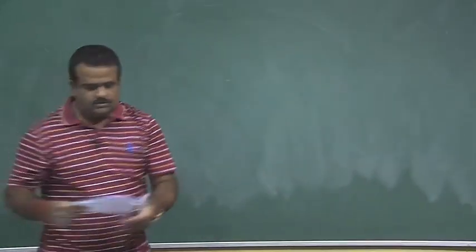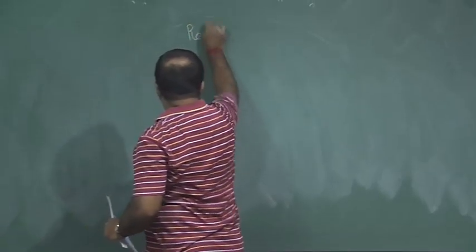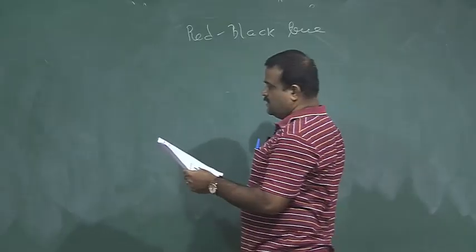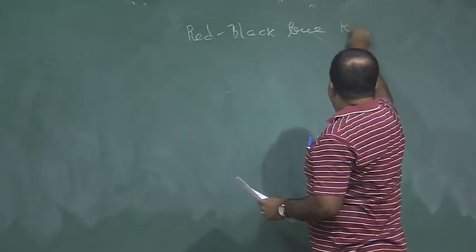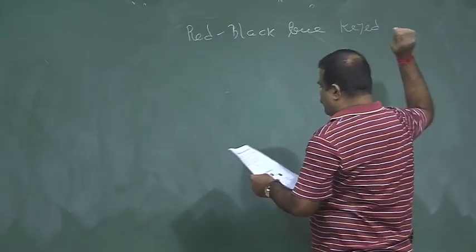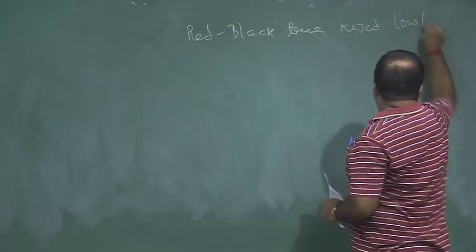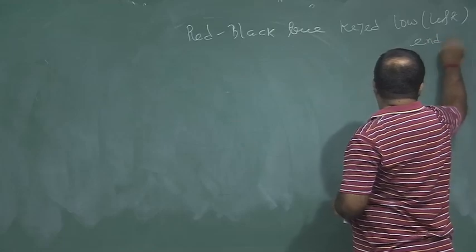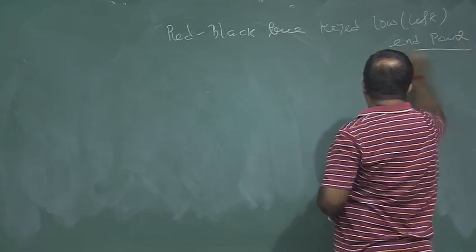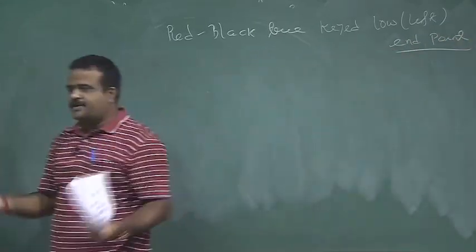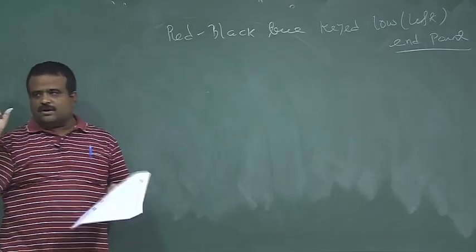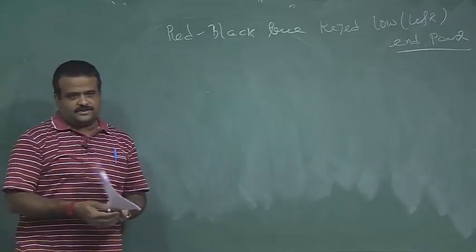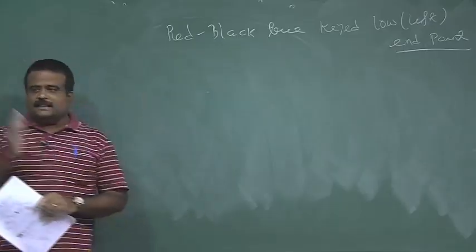So, we will use a red black tree here also, keyed by the left end point, the low end point, as the key. We have an interval. When we make the tree, we have to have a key field so that we can use that value to make this binary search tree. That key value is the left end point.